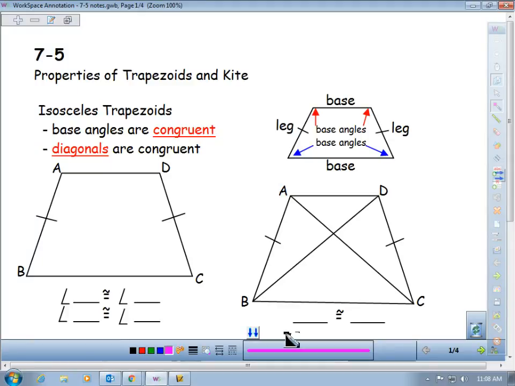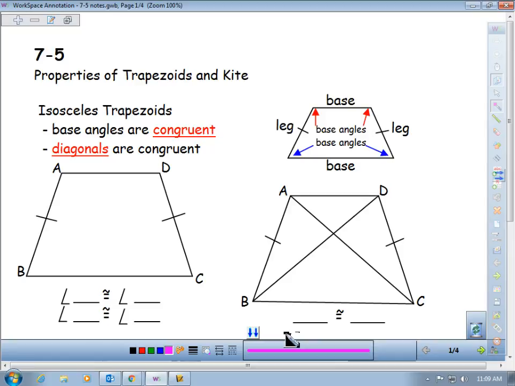There's not a whole lot you're going to see with just a trapezoid other than the one problem that we'll talk about, but definitely we'll do a lot with isosceles trapezoids. We're going to talk about another little thing about trapezoids on the second page, and then we'll get to the kites here for the last two slides.